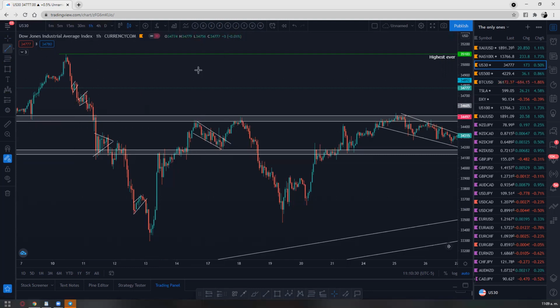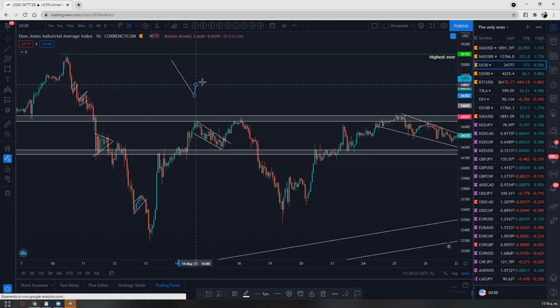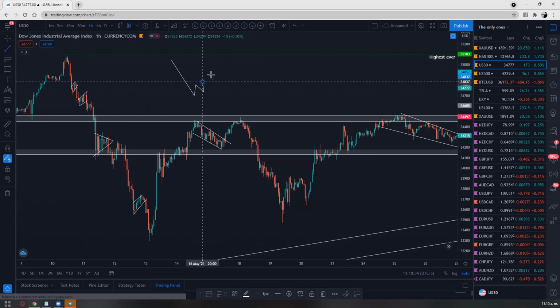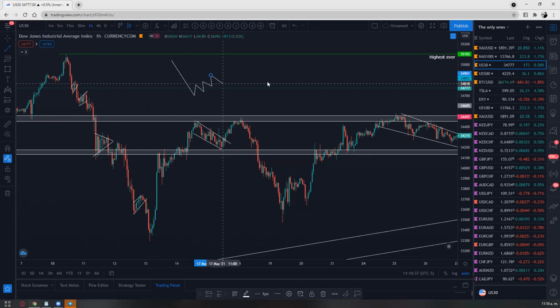So basically like this. This is a bearish pattern, right? Bearish pattern. And the inverse is this one.